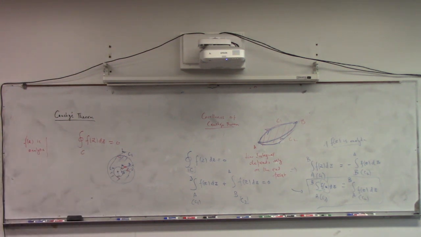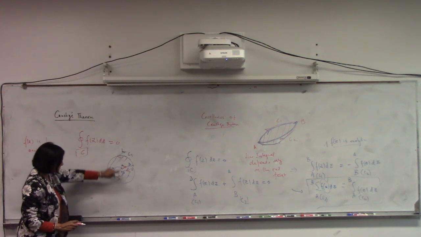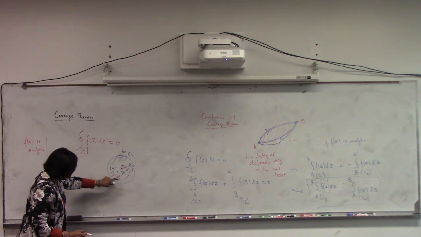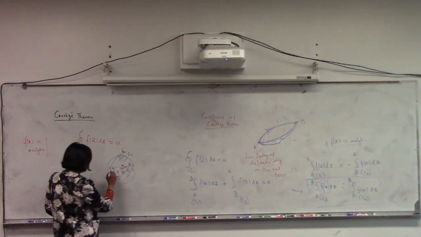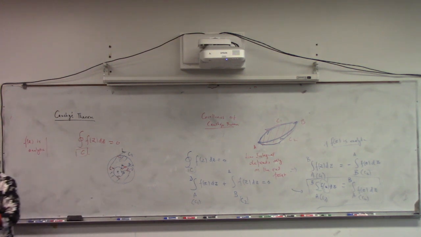How do you interpret this? We know f of z is analytic everywhere, in this annular region, on C2 and everything. How do I apply this theorem?